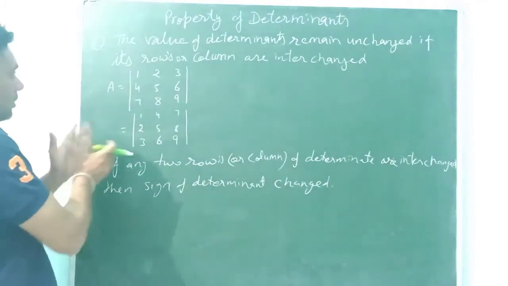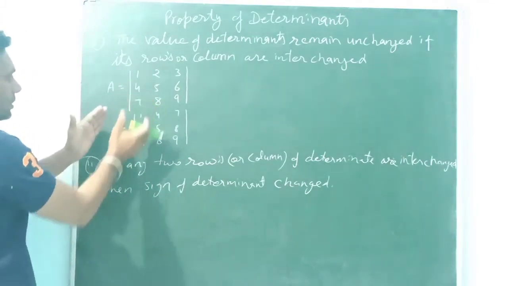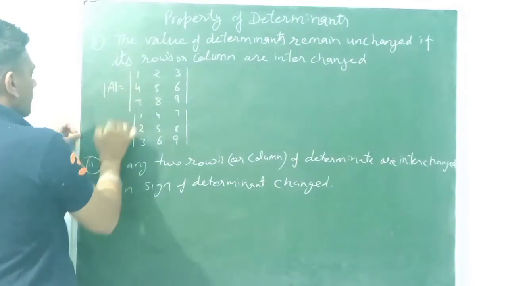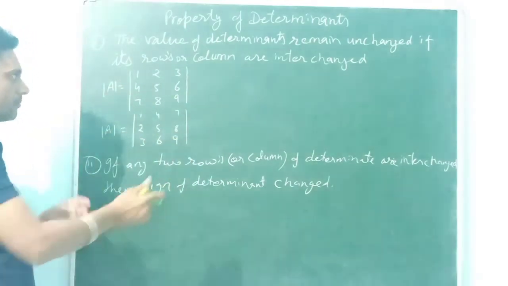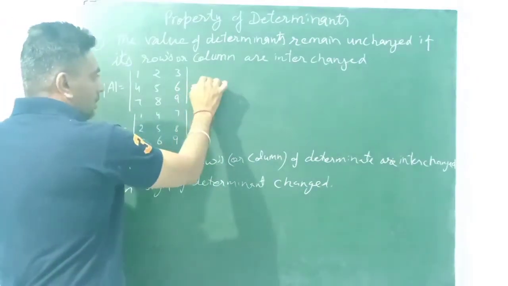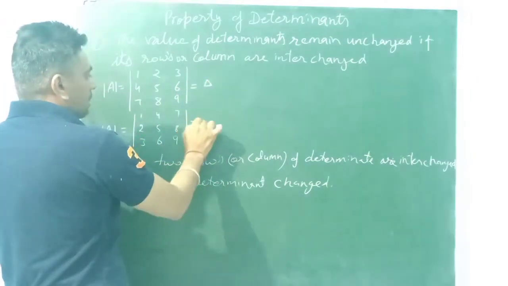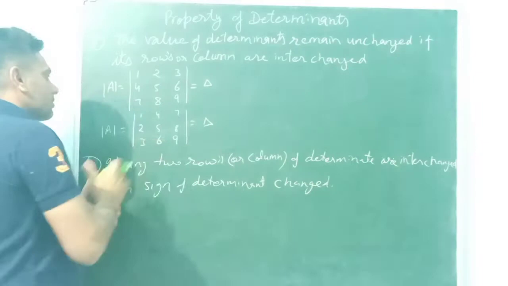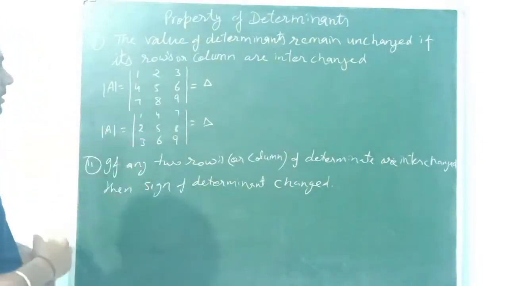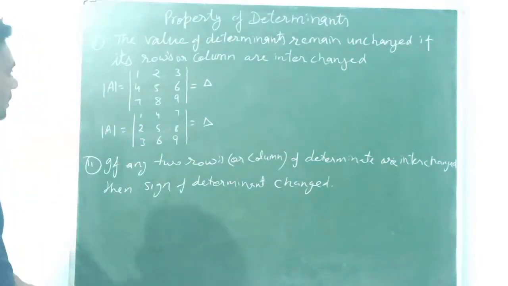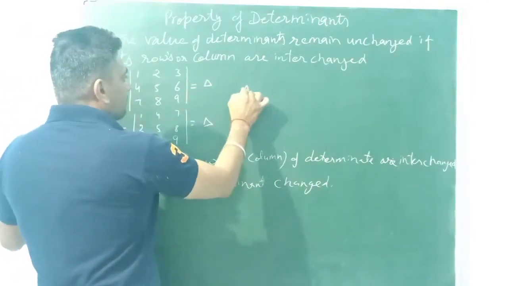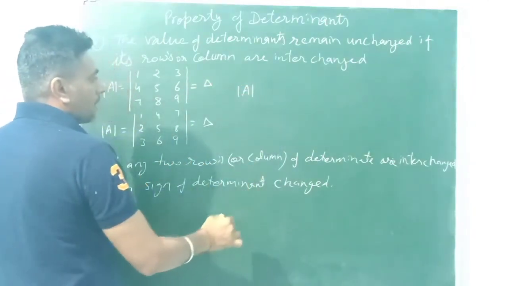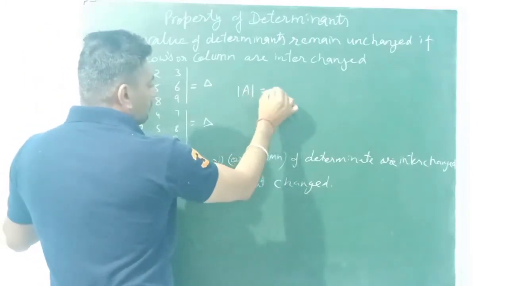If we find the value of these determinants, the value of this and the value of this remain the same. This is also a quantity and this is also a quantity. If we solve these determinants, we find that the value of this determinant is equal to this.